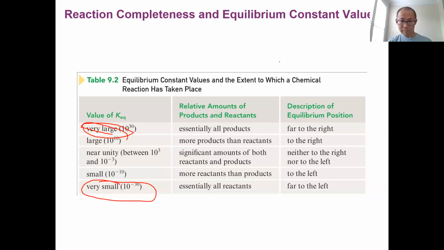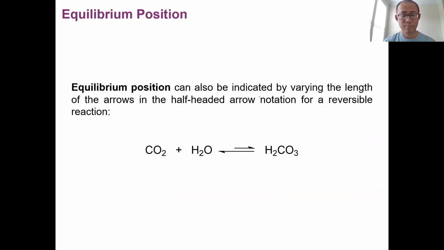Okay, let's keep looking. Now, if the equilibrium favors one side versus another, for example, favors reactant or favors product, sometimes we can use a double arrow, but with different lengths, to show which position the equilibrium lies in. For example, in the following equilibrium, you can see this is a double arrow, meaning it's an equilibrium, but the arrow is much longer to the left, to the reactant.